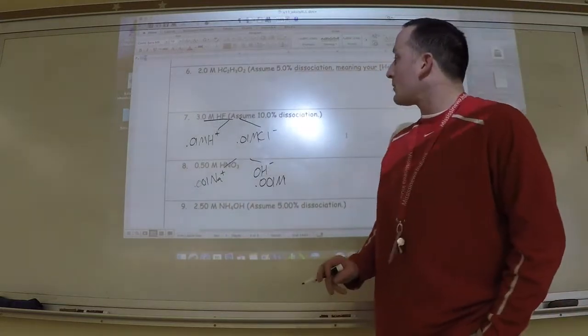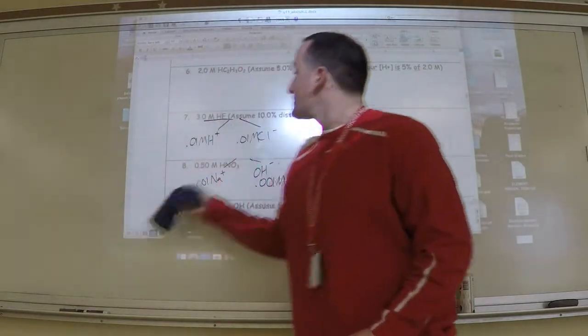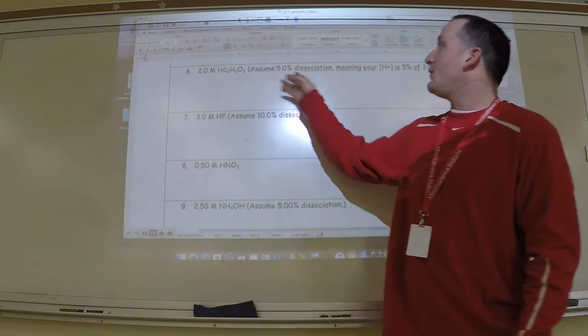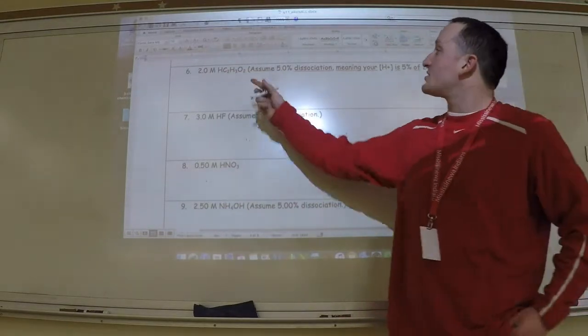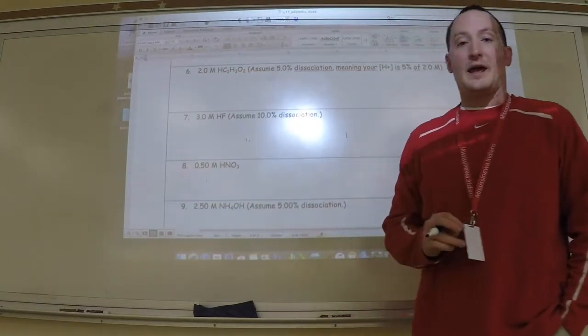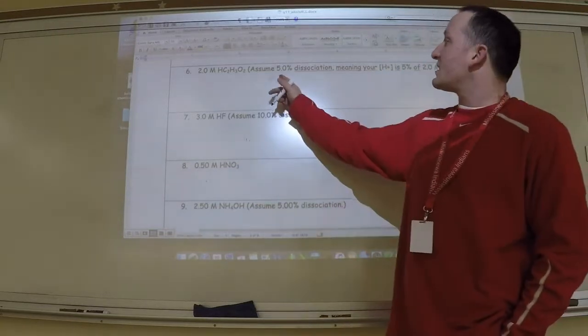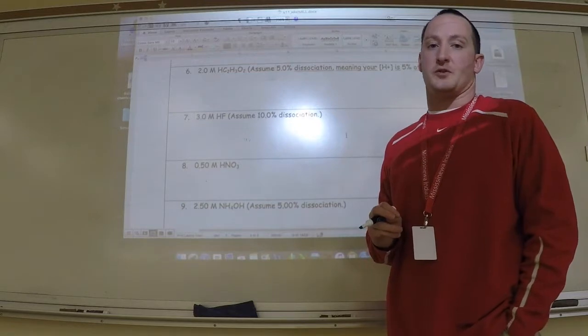Now, if we look at these other problems, you'll notice that problem 6 and 7, they give you a percentage. So in number 6, it says you have a 2 molar HC2H3O2 solution. Now it says assume 5% dissociation.